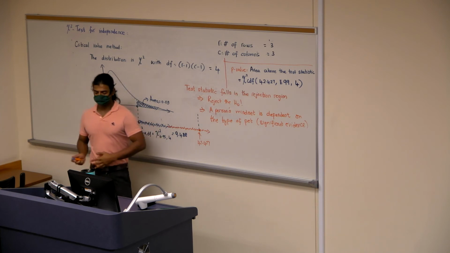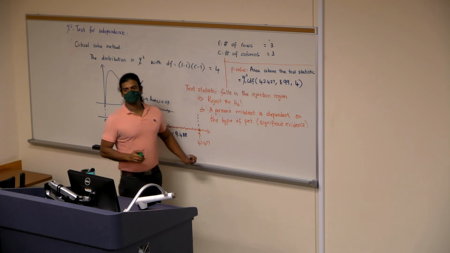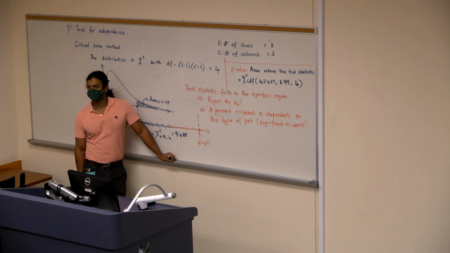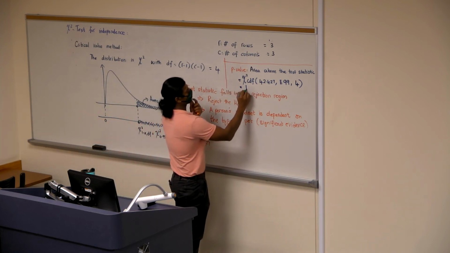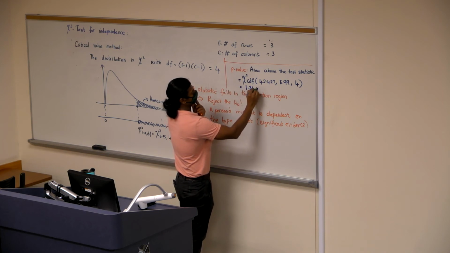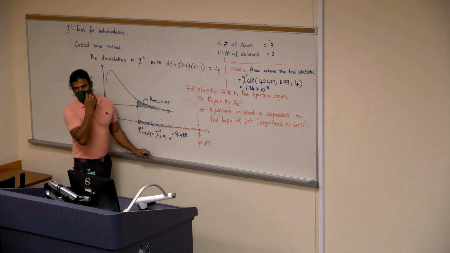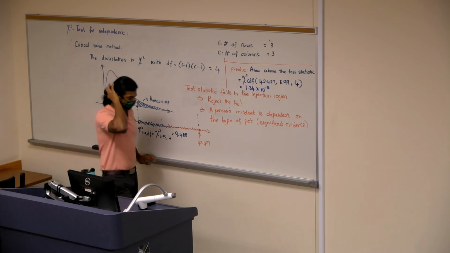And what do we get? 1.34 e to the negative 8, sorry. That is a very small value. In other words, it's going to be close to 0.